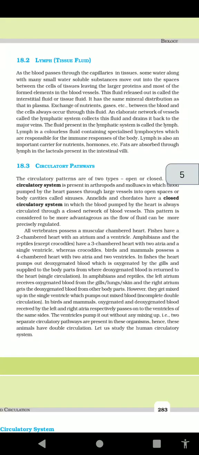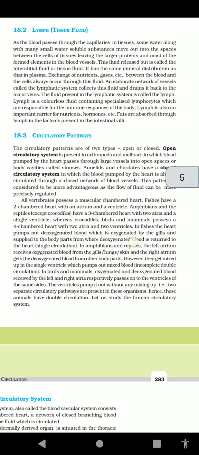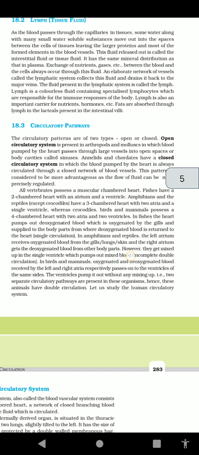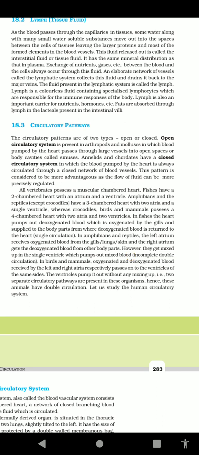Lymph, tissue fluid. As the blood passes through the capillaries in the tissue, some of the water, along with many small water soluble substances, moves out into the spaces between the cells of tissue, leaving the larger proteins and most of the formed elements in the blood vessel.